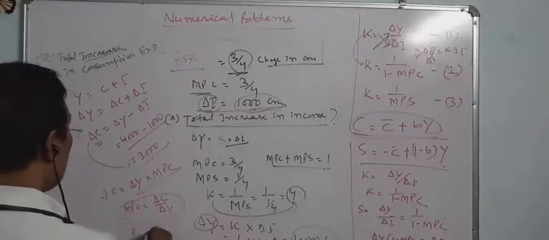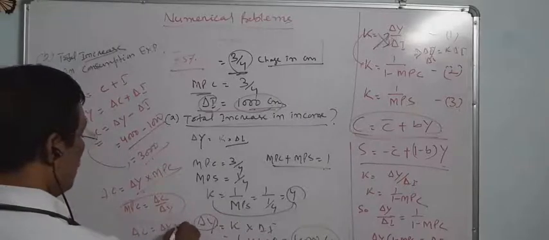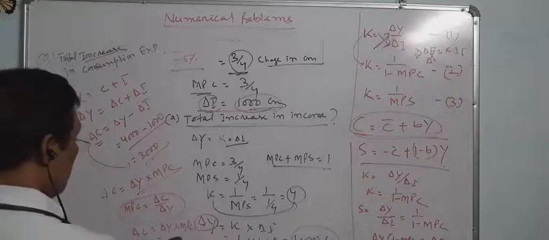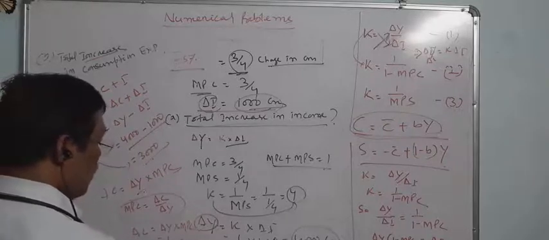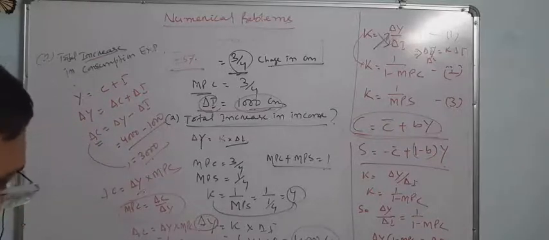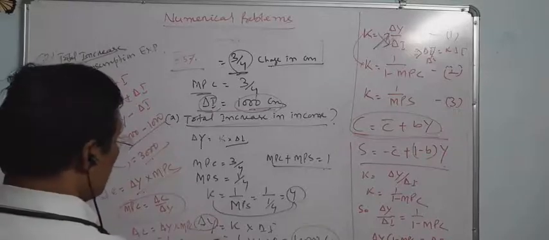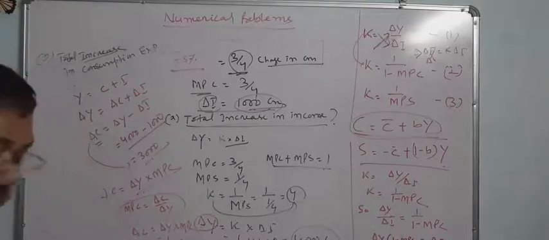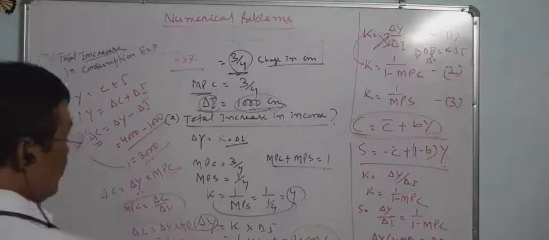So delta C equal to delta Y into MPC. How much is delta Y? 4000, into MPC which is 0.75.